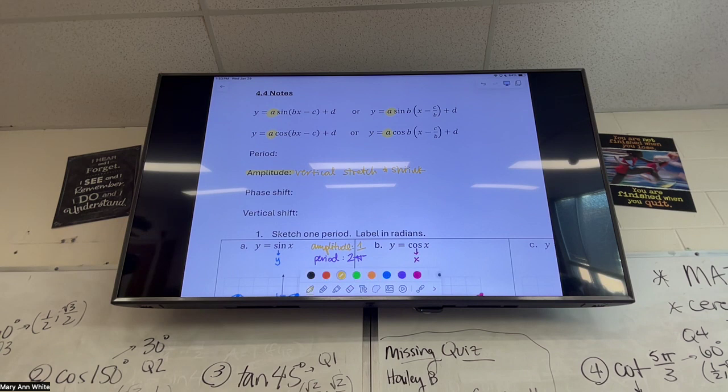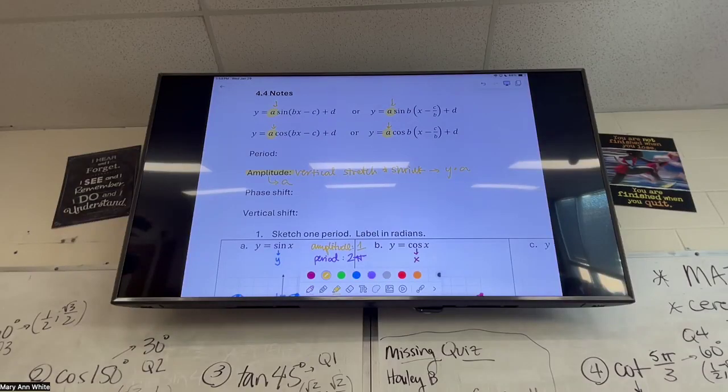Your amplitude is literally just your A value. So if I go, hey, look at this equation, what's your amplitude? It's whatever number is in the very front of your equation. And when we did transformations back in chapter 1, we talked a lot about doing y times a. So whatever the amplitude was, you multiplied all your y values by that. You can think of that the same way here. I don't necessarily do that, but if that helps your brain, I wanted to write it down.